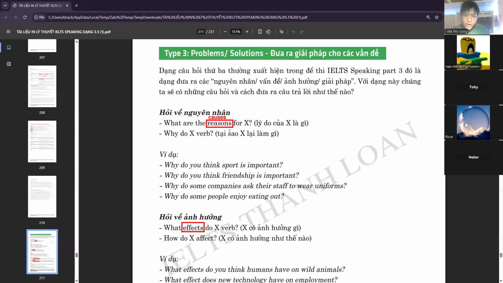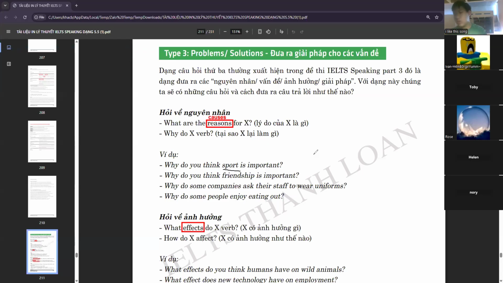So for example, if we take why do you think sports are important? You need to think what the core of sports is. The core of sports is basically exercise and fun. So if sports are about exercise and if sports are about fun, then you need to say that in your speech.